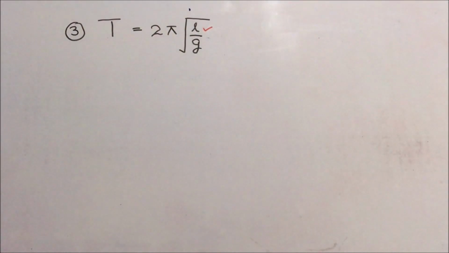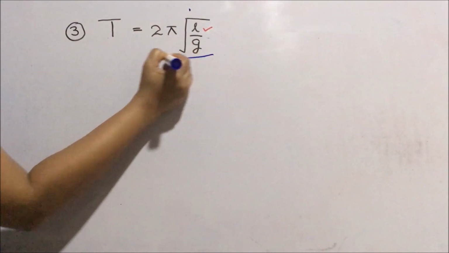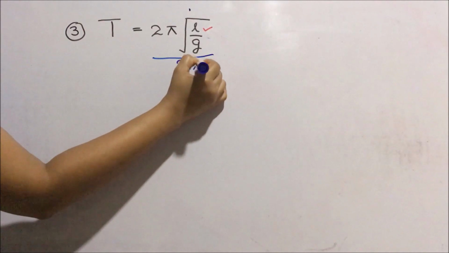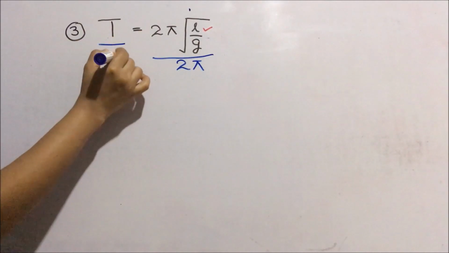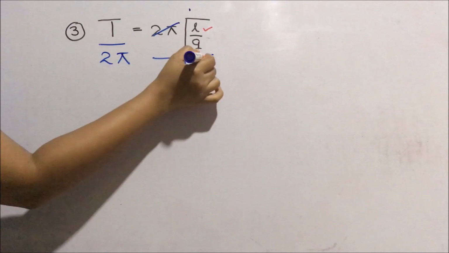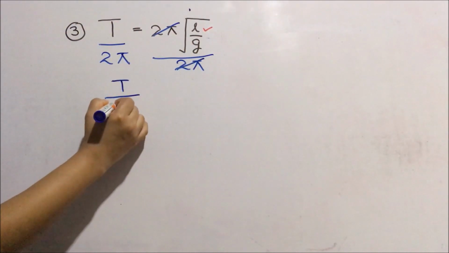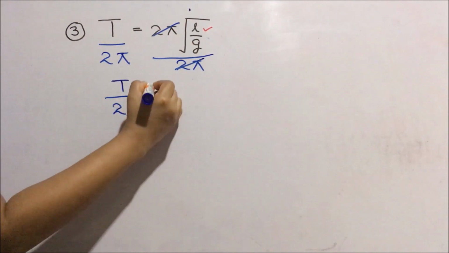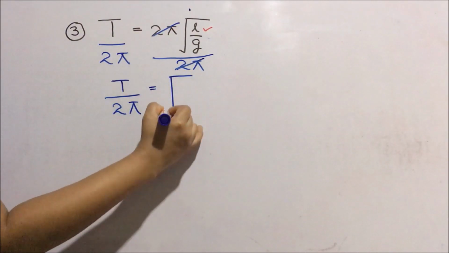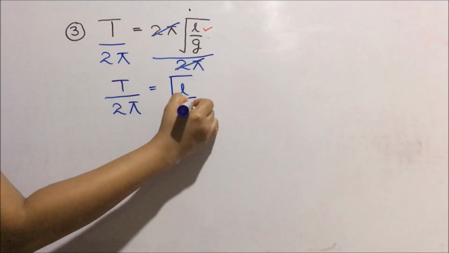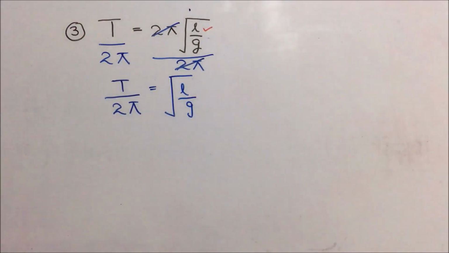The opposite of multiplication is division, so divide both sides by 2π. The 2π cancels. Then T divided by 2π equals the square root of L divided by G.